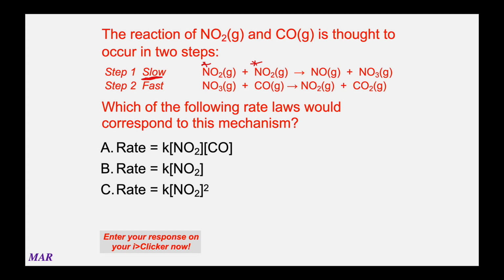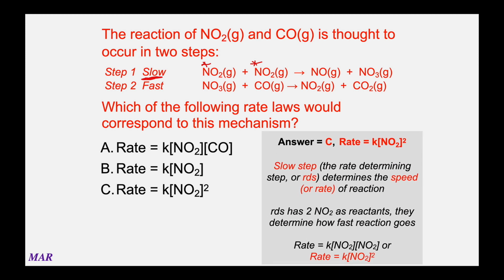So the slow step says that 2 NO2s are coming together to make the weird NO and NO3. We don't really care about that in this problem. In the slow step, the reactants were 2 NO2s. So you could write it as rate equals K times NO2 times a second NO2, or what of course everybody does, rate equals K times NO2 squared.